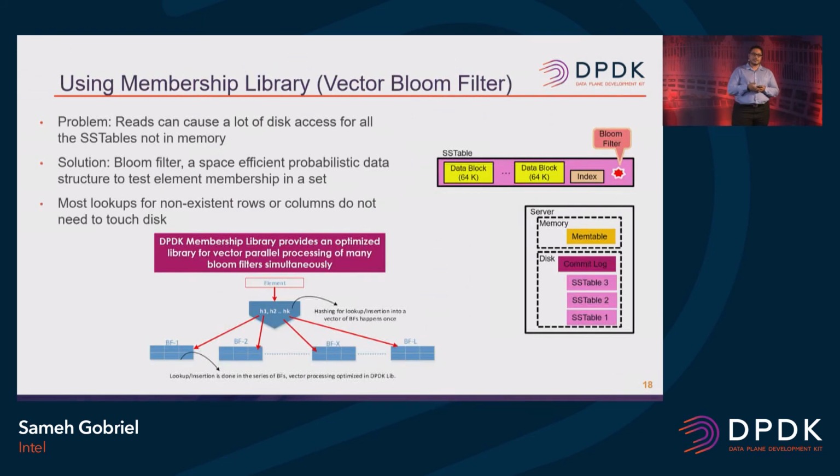The basic idea is the membership library is just a store that will tell you where the keys are. So you can think of using the Bloom filters in the membership library to determine whether an object is in the memtable or any of the versions on the disk. This library is very well optimized to run on the platform and will do the lookup very quickly.